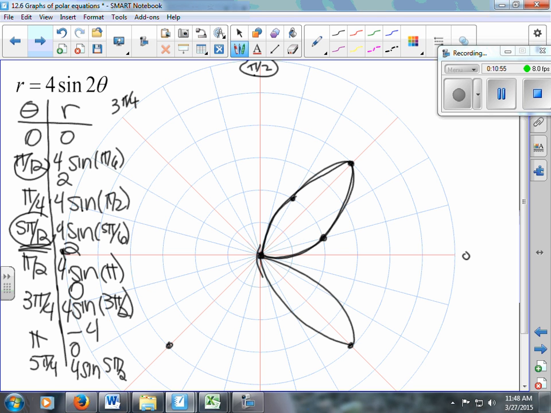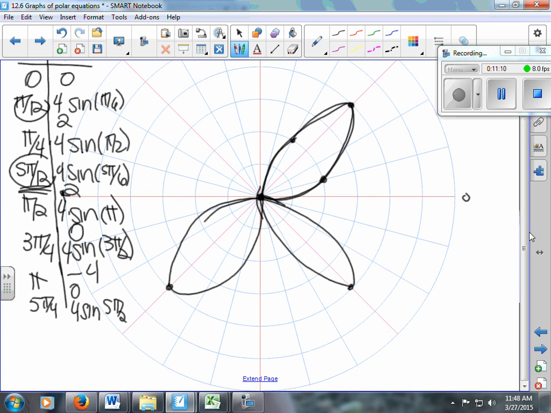Remember, I came back to the origin. I'm going to come back out to this big maximum value and then back in. Because at 3 pi halves, if I plug 3 pi halves in for theta, I get 4 times the sine of 3 pi, which is 0. And so I get back to 0.